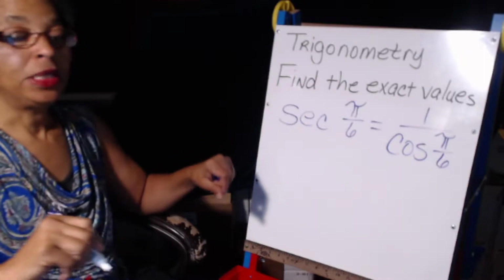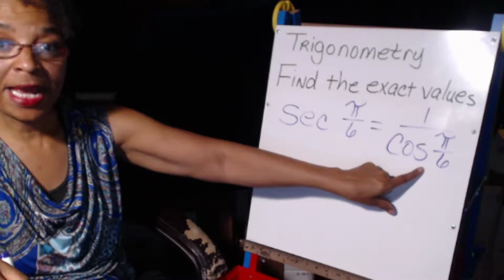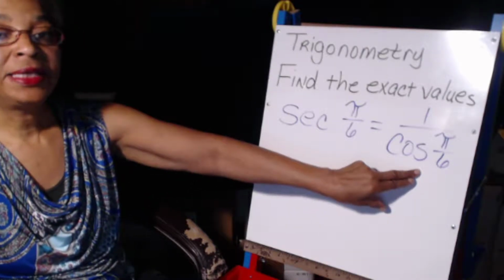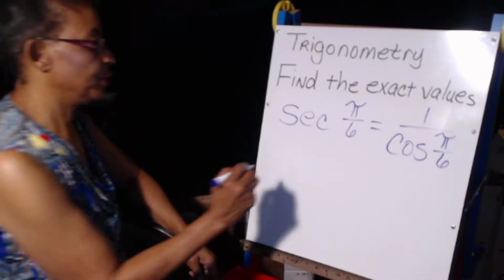So that would be the cosine of pi over 6. That is a 30-degree angle off the positive x-axis. So that is actually the square root of 3 over 2.